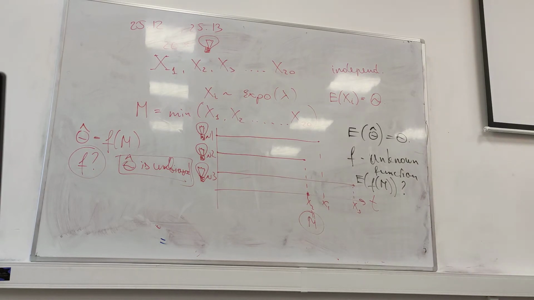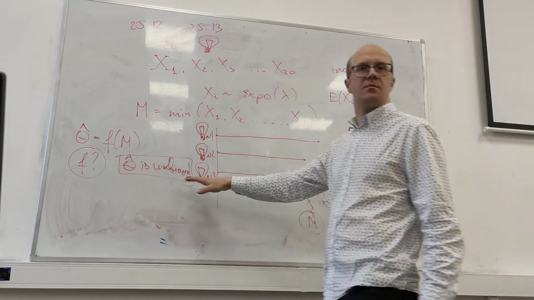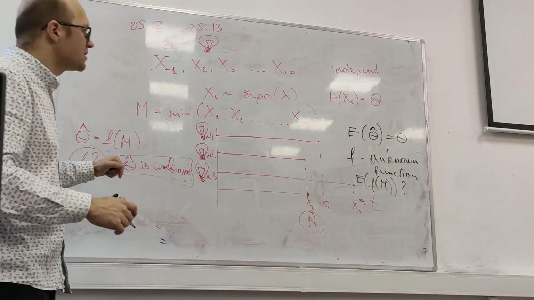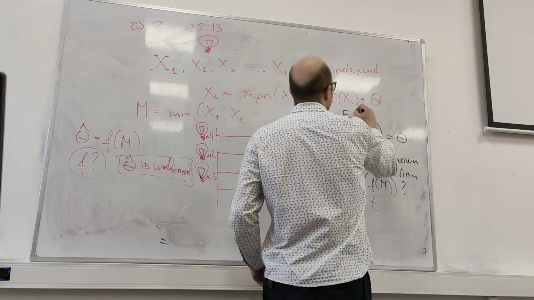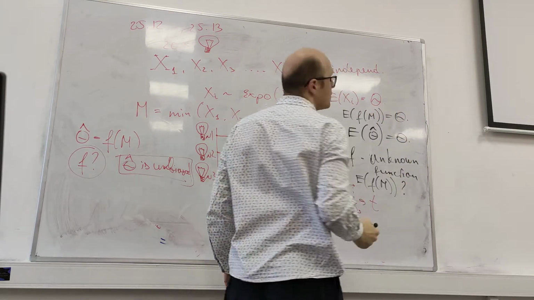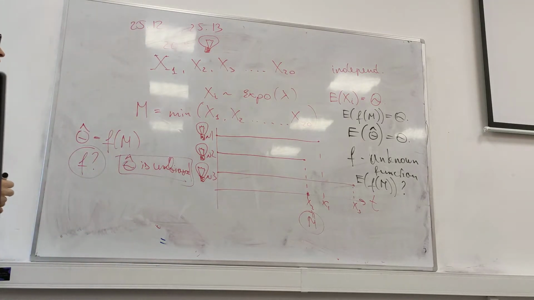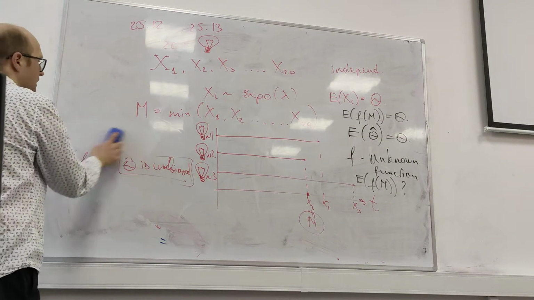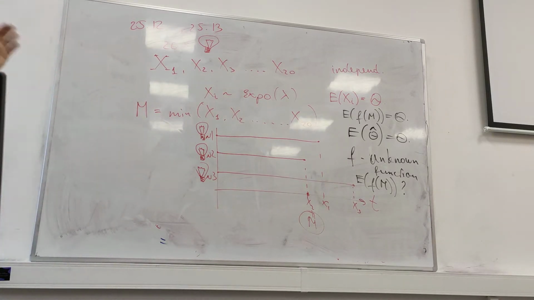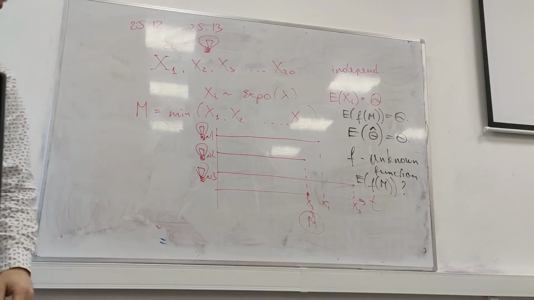I don't know what this function is. So I need to find such a function that the expected value of f of m is theta. For the moment, let's find the expected value of m. Let's try maybe the simplest function, m itself. Let's try a blind guess.